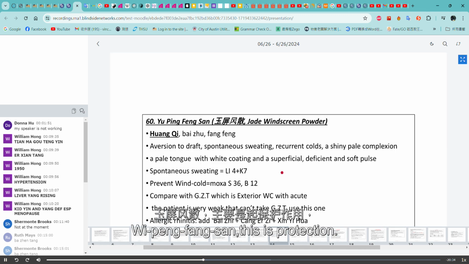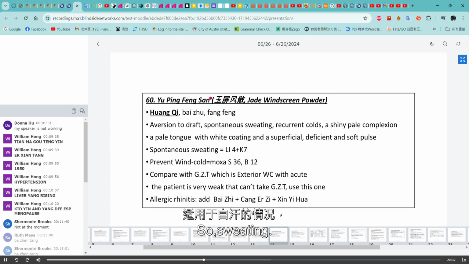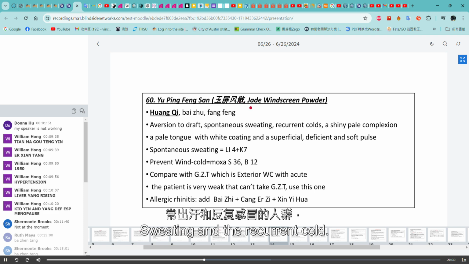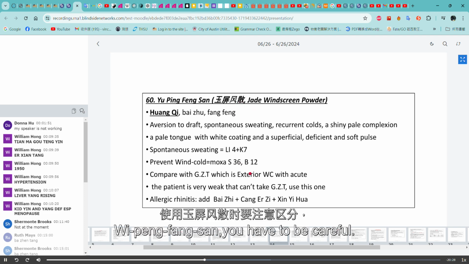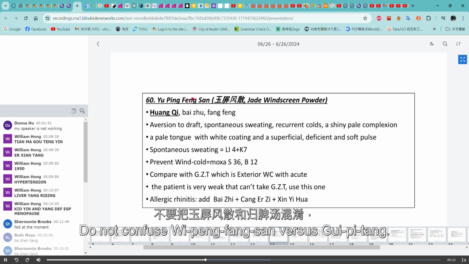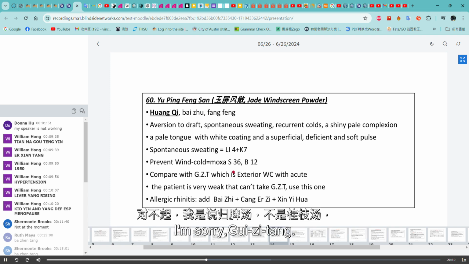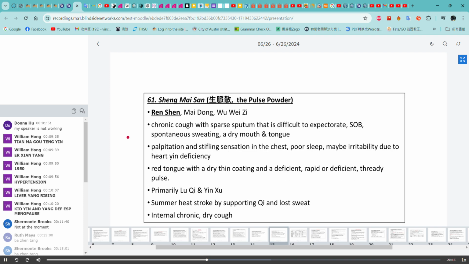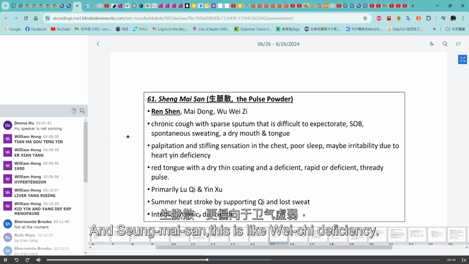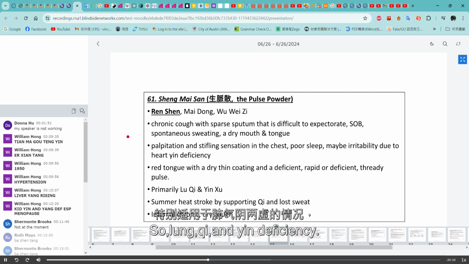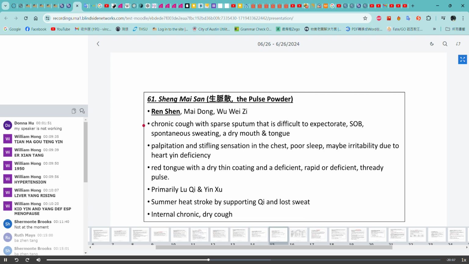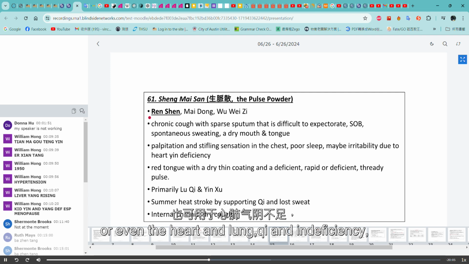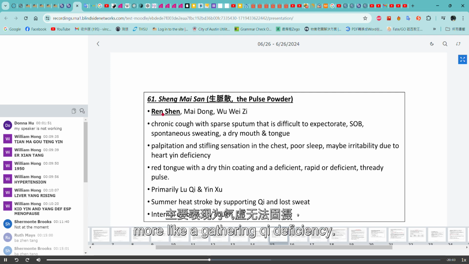Yu Ping Feng San, this is protection, for sweating and recurrent colds. With Yu Ping Feng San you have to be careful not to confuse it with Gui Zhi Tang. It is for Wei Qi deficiency. And Sheng Mai San is for lung Qi and yin deficiency, or even heart and lung Qi and yin deficiency, more like gathering Qi deficiency.